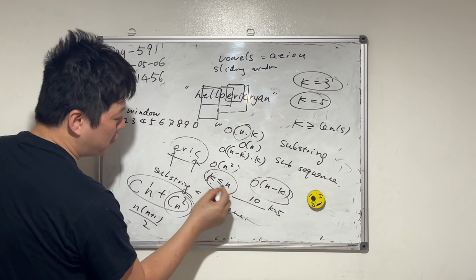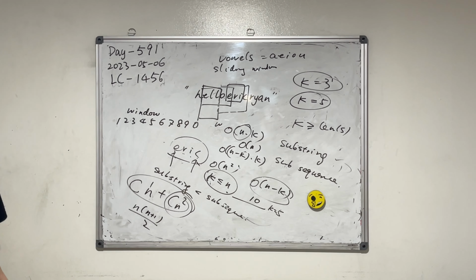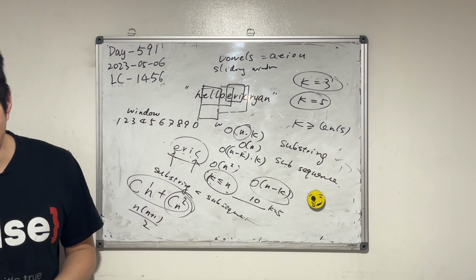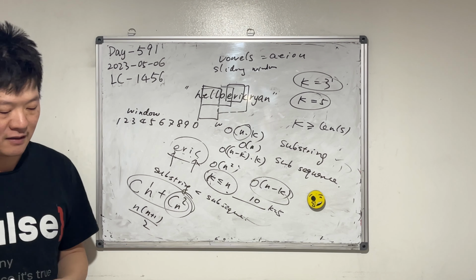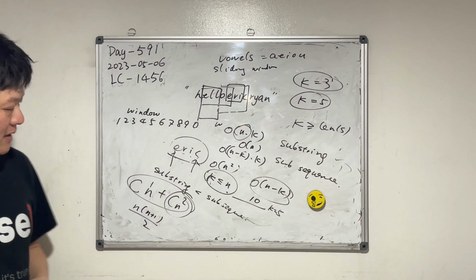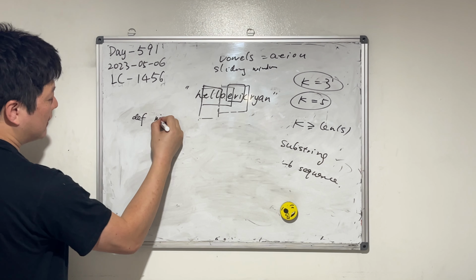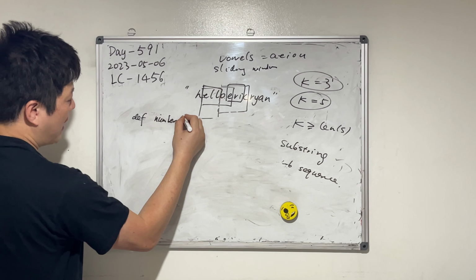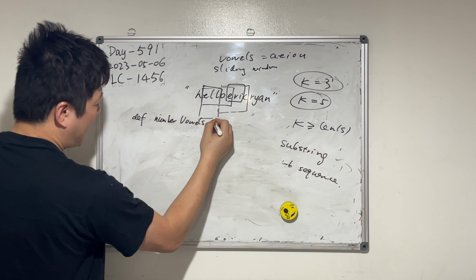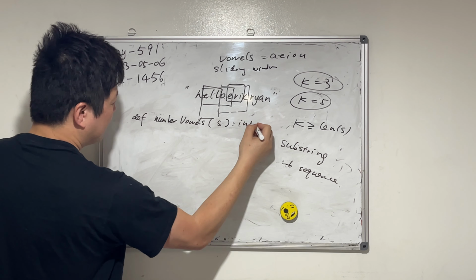And if k equals n, then the time complexity is O(n), because it's basically asking for the number of vowels in this current substring. Find the maximum number of vowels, and return the integer.